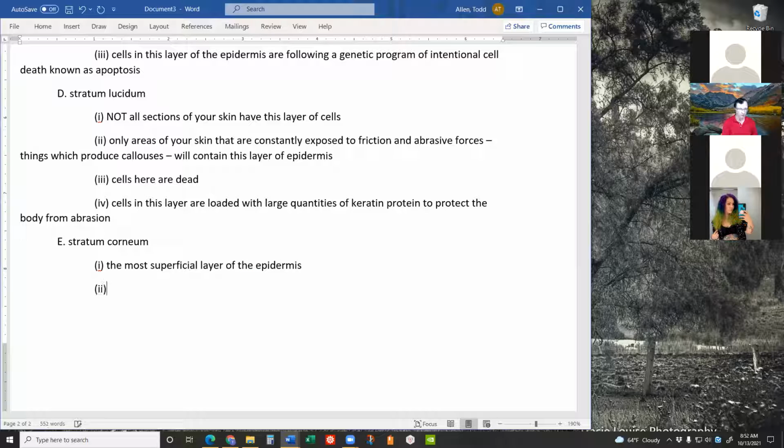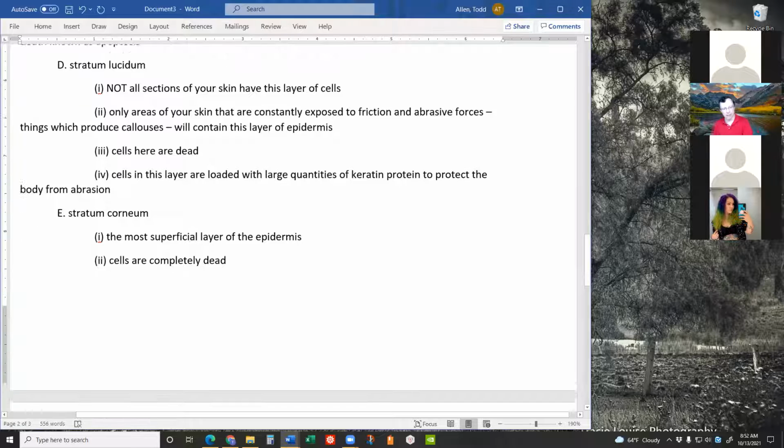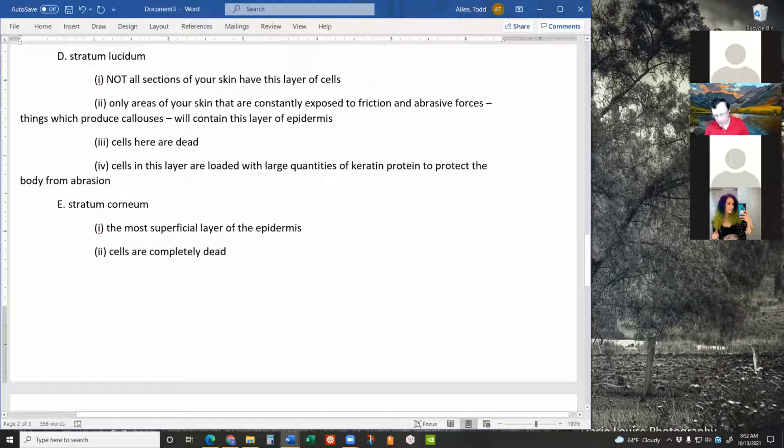Again, the cells here are completely dead. They have no metabolism. They have no reproductive capability. It is important that you appreciate that it's these cells at the outermost surface of our skin that are continually shed from the surface of our body millions of times a day. And, you know, some of you might have allergies to dander, which is just sloughed off dead skin cells.